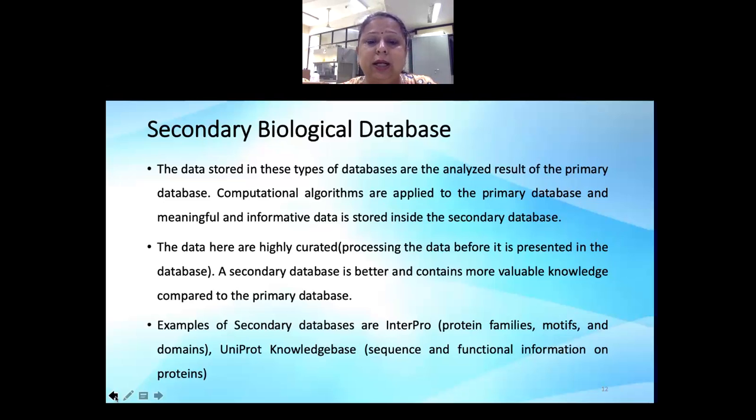So a secondary database is better and contains more valuable knowledge compared to the primary database. So examples of secondary databases are InterPro, where you have the knowledge about protein families, motifs, and domains. UniProt, which is a knowledge base of sequence and functional information on proteins.